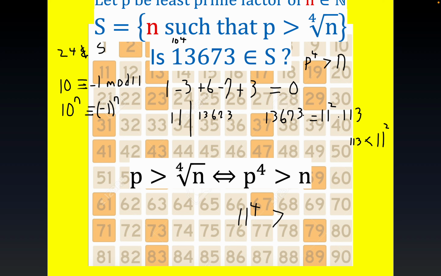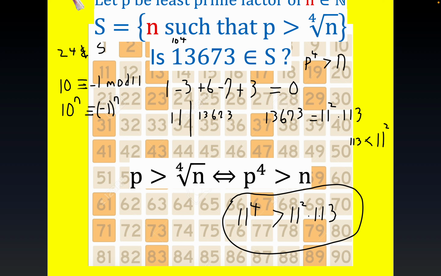This is 13,673 right here, and here's your prime factorization. Since 113 is less than 11 squared, and 11 squared times 11 squared would give you 11 to the 4th, 11 to the 4th is not greater than 11 to the 4th. It's equal to it. But since this is less than 11 squared, it's clear that this is true, okay?